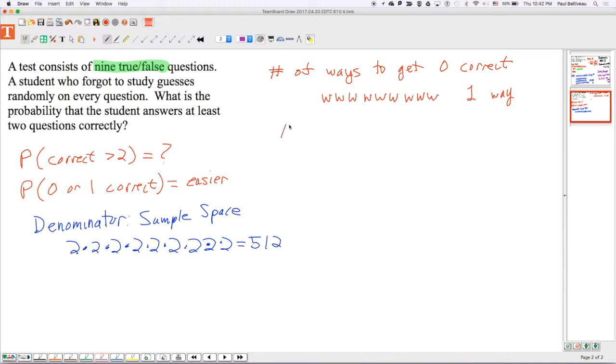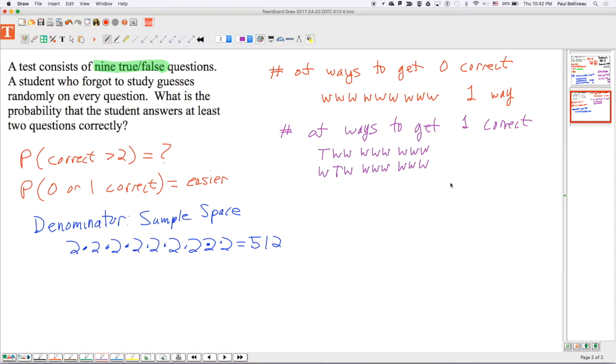Now let's count the number of ways to get 1 correct. Well, if we were in control, we could decide to get the first one correct. And then we could choose to get the rest wrong. If we were in control, we could choose to get the second one correct.